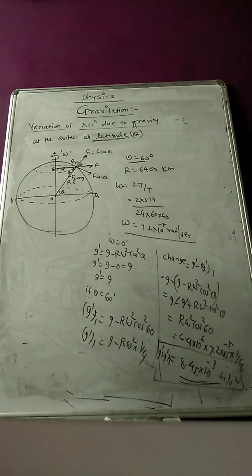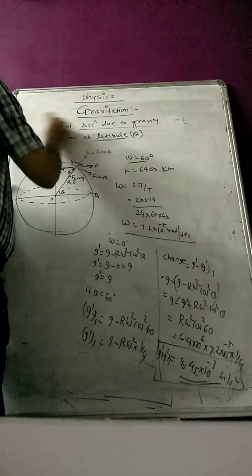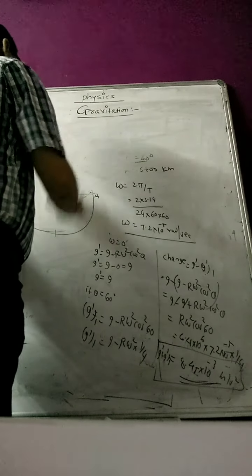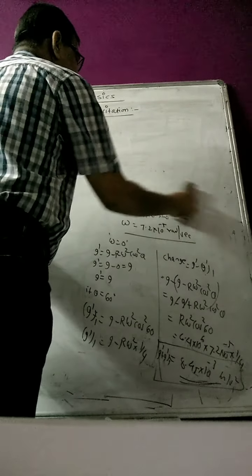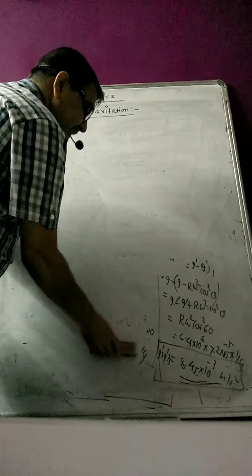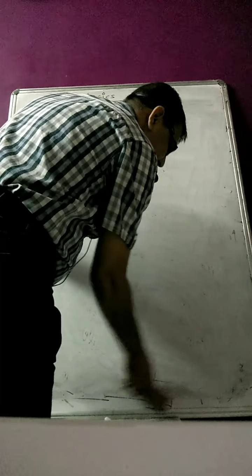Once you have got that, we have to proceed to the next point, that is the projection of satellite. What do we mean by projection of satellite? For that we first need to see what a satellite is. We were studying variation of acceleration due to gravity. Now we want to see what exactly a satellite is and what the types of satellite are. So we can proceed to the next point.